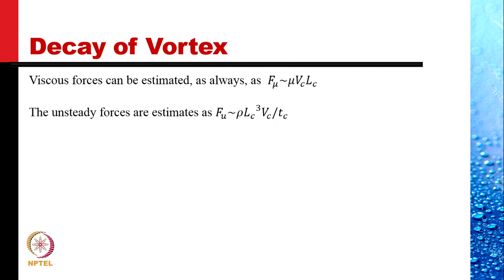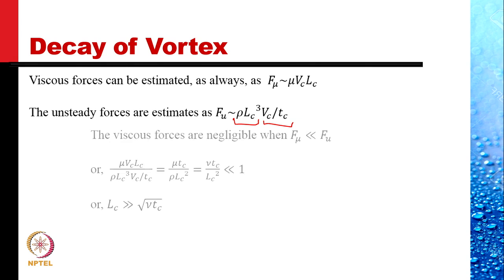So we obtain the estimates of the various forces. The viscous forces and the unsteady forces are the two relevant forces in this decay. The viscous forces can be estimated, as always, as F mu is equal to mu Vc Lc, exactly the same as we obtained a number of times earlier wherever we estimated the viscous forces. And the unsteady forces are like mass times the acceleration. The unsteady acceleration with time, and that is Vc divided by Tc.